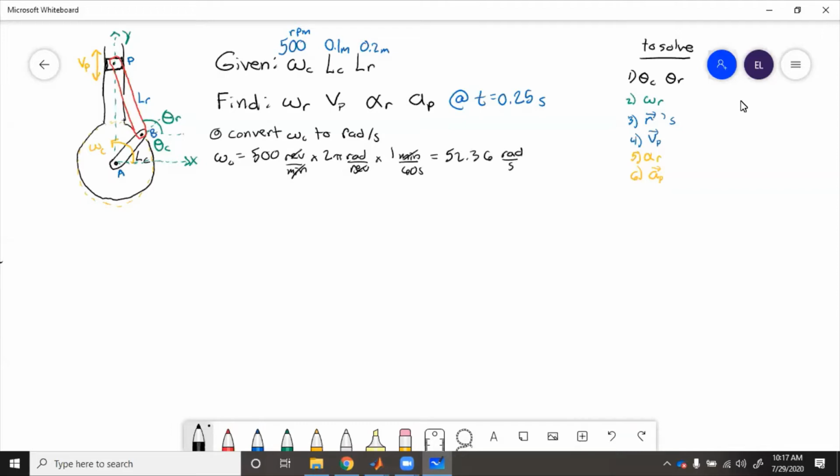So now we can get these angles. Well, we know that since omega equals d theta dt, then integral of d theta equals integral of omega dt. Now we're going to assume that theta will start at 0.